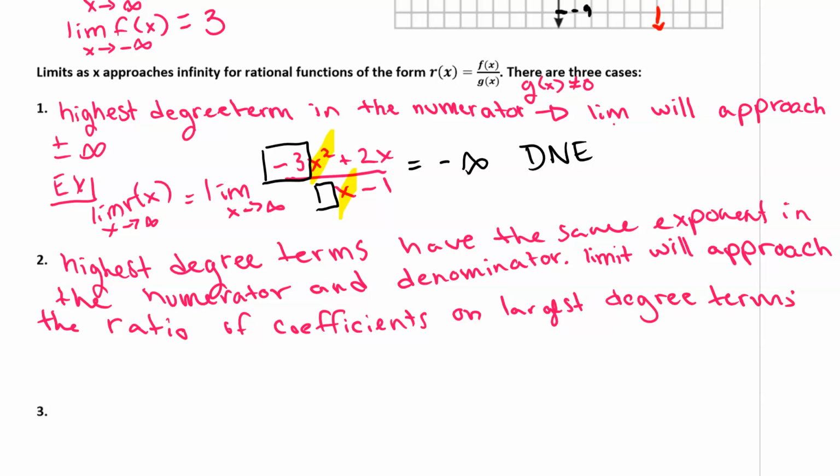So what does that look like? And this basically says that we are going to have a horizontal asymptote at that ratio.